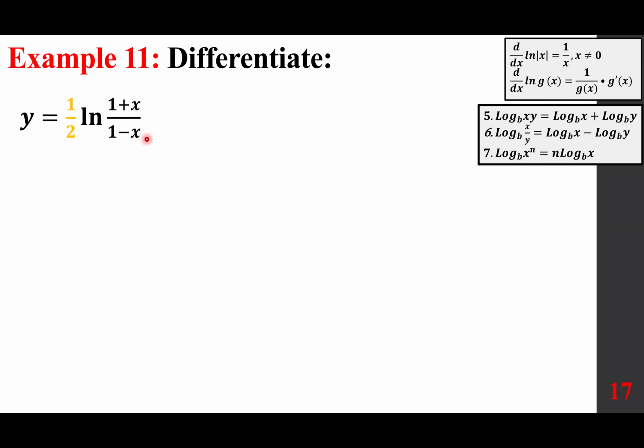We are going to take the easy way out by decomposing the log first, meaning 1/2 remains, and this piece, use the quotient rule of logs: ln of the top, 1 plus x, minus ln of the bottom, 1 minus x. So we decompose this. That makes it a lot easier now.